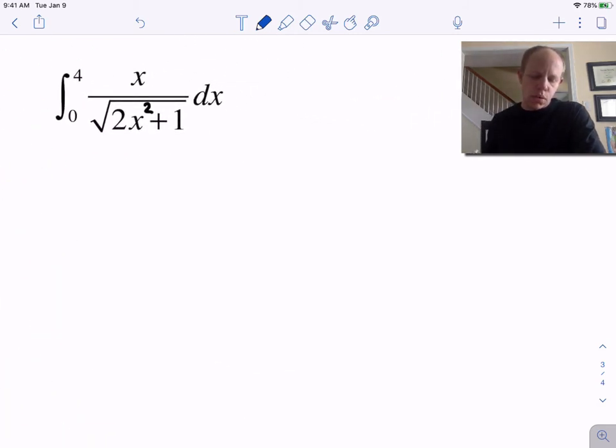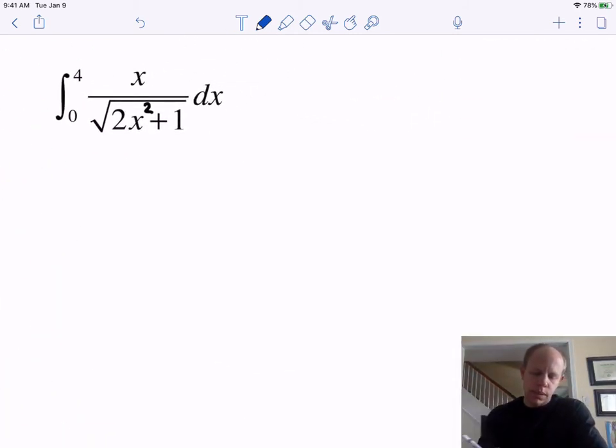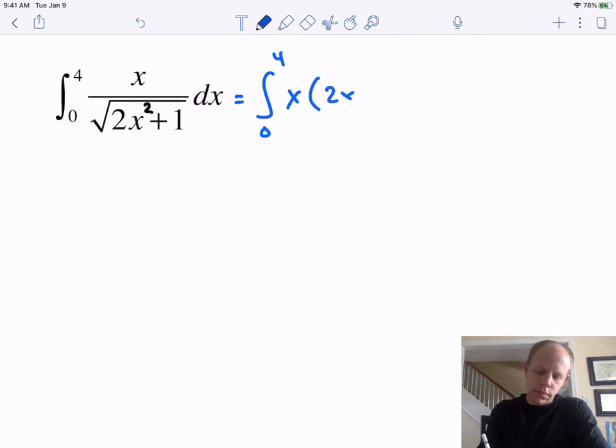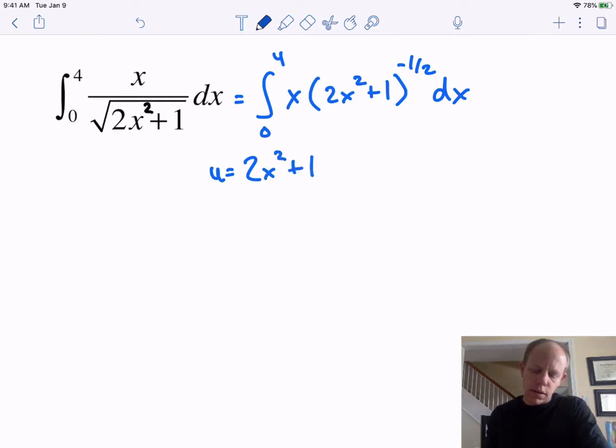Let's go and do one more example here, and we can use the same method. So first off, rewrite. Okay, look at that inner function. We're going to let that equal u and find du.